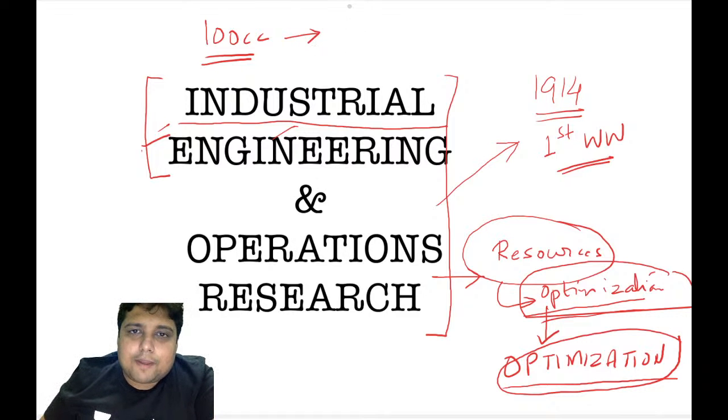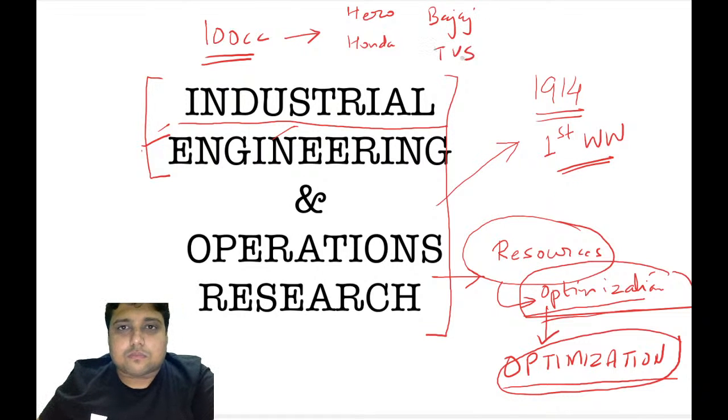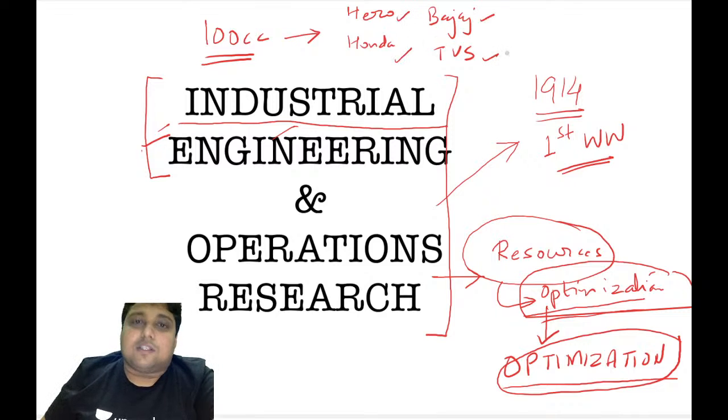You have one manufacturer, Hero. You have one manufacturer, Honda. You have one manufacturer, Bajaj. You have one manufacturer, TVS. There is Hero, Honda, Bajaj, TVS, and I don't know if I am missing some names or not, but I think there are 5 to 6 options in the market.